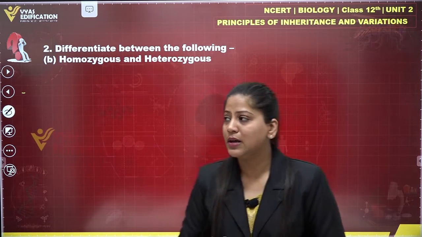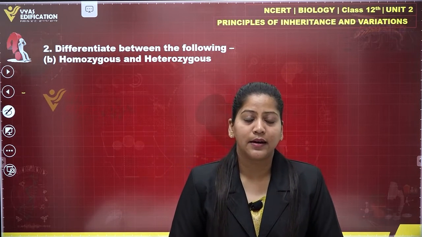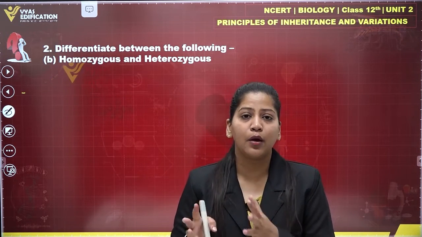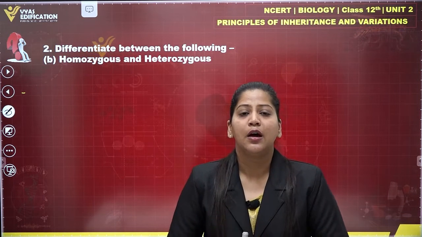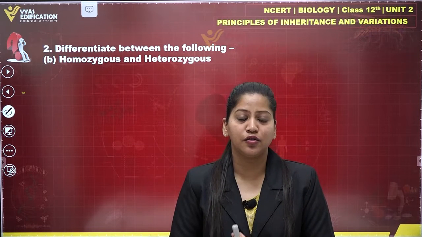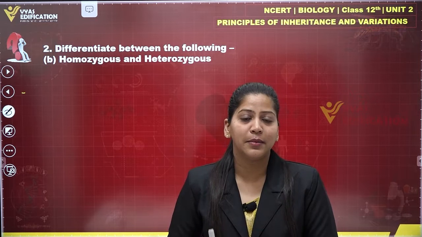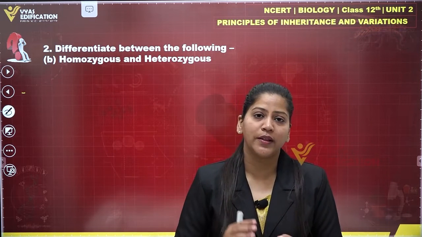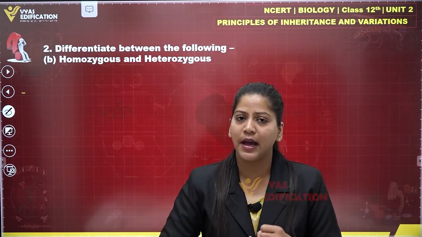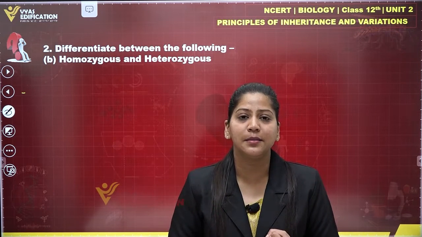If we talk about the homozygous again, then a pair of allele contains similar allele. We know that alleles are always present in pair. These two are similar in homozygous condition, whether it is dominant or recessive. It can be dominant, it can be recessive, but they're always similar.